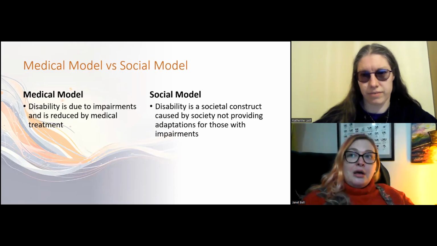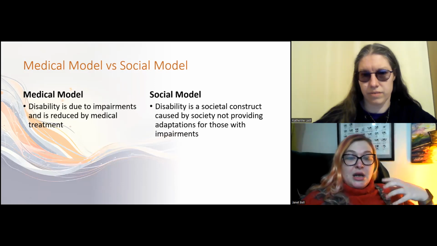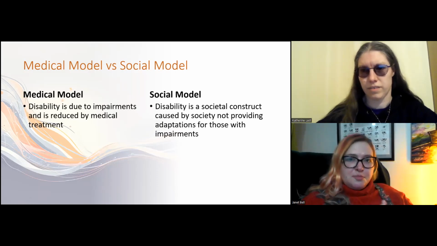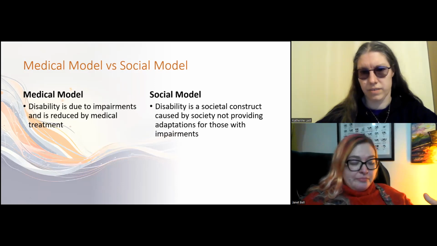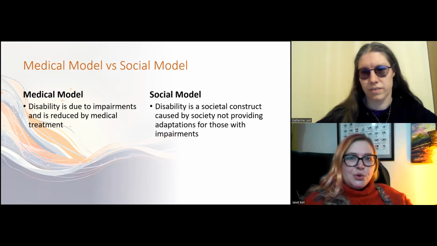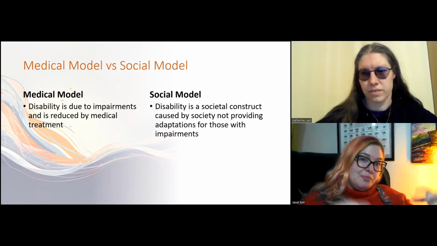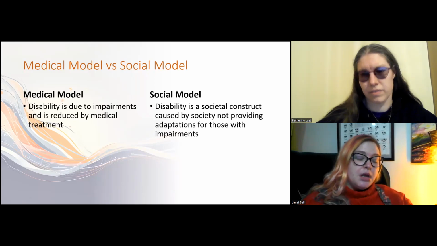It is the idea that essentially disability exists because of the impairments that we have, and needs to be reduced as much as possible through operations or medication. In that model, the problem, as it were, of disability therefore falls mostly on the individual.